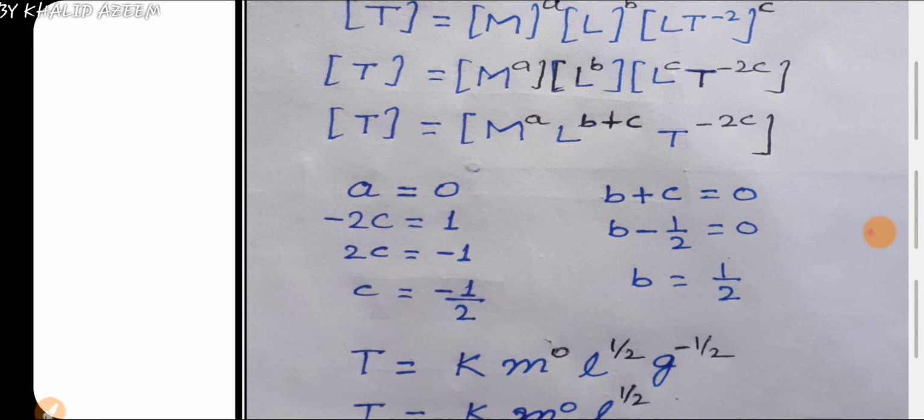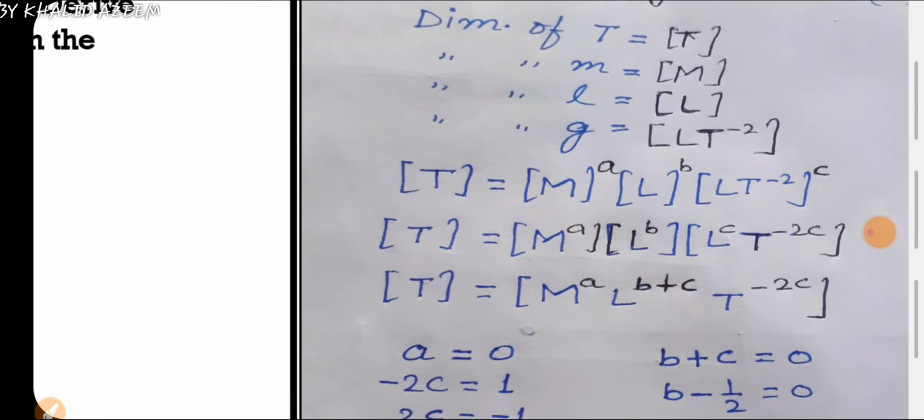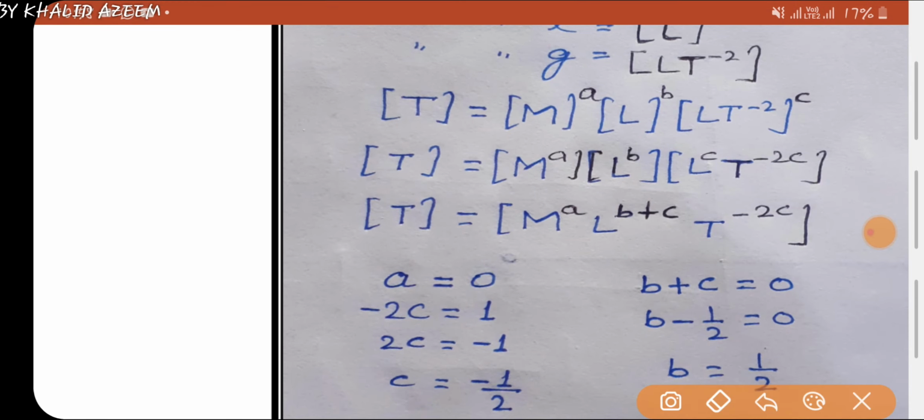First of all, I am comparing the power of m, as m has power only a, and on this side m is not present. It means on this side the power of m is 0. So we can say a equals 0.